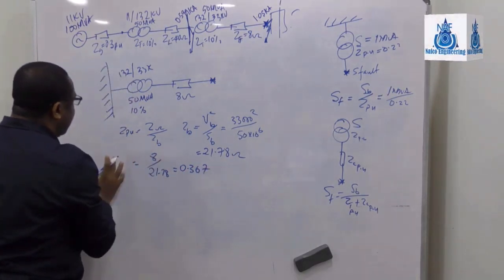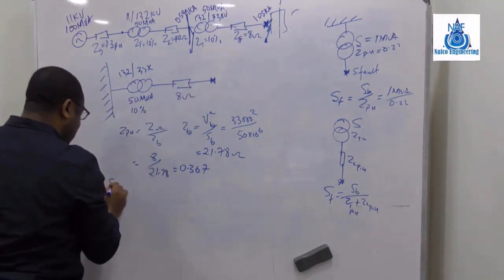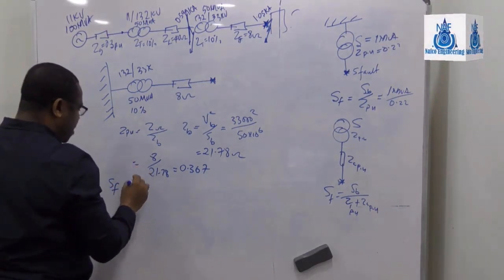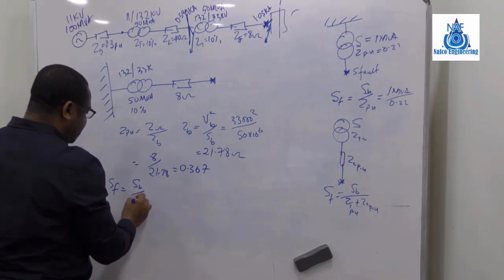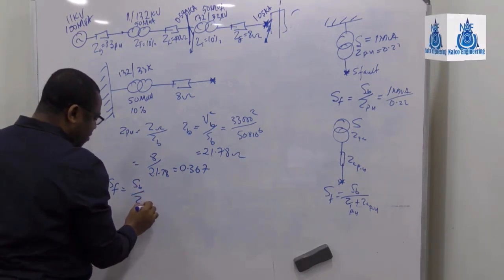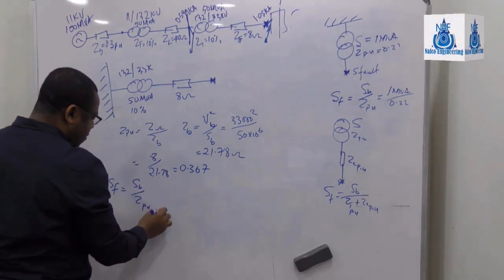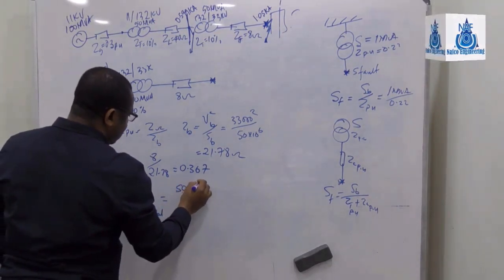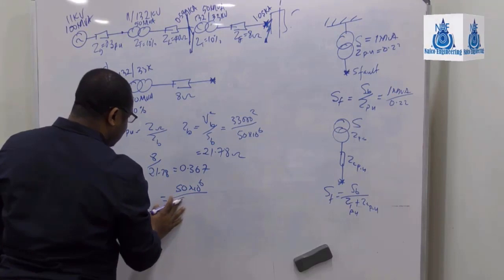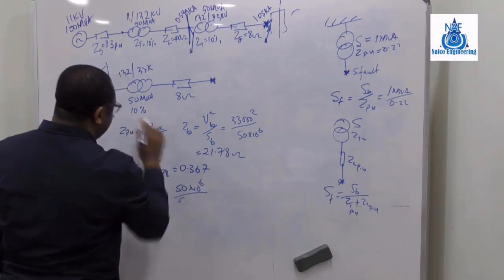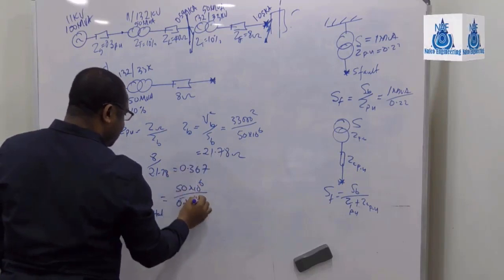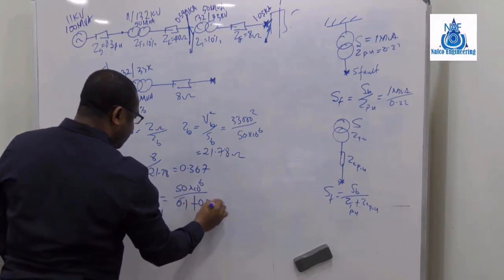So the fault level here, S fault, will now be S base over Z. But this Z is the total in per unit. So S base is 50 divided by this Z, 0.1, plus this Z, 0.367.